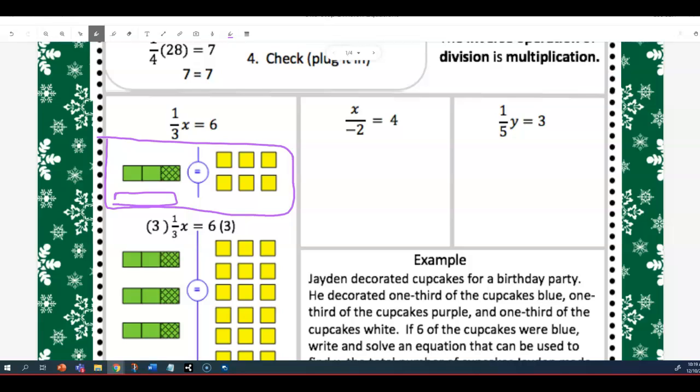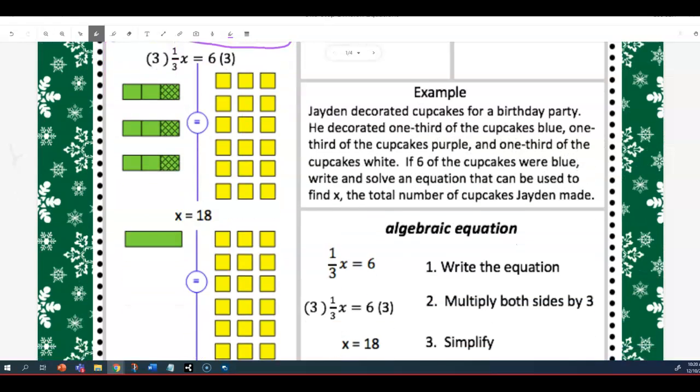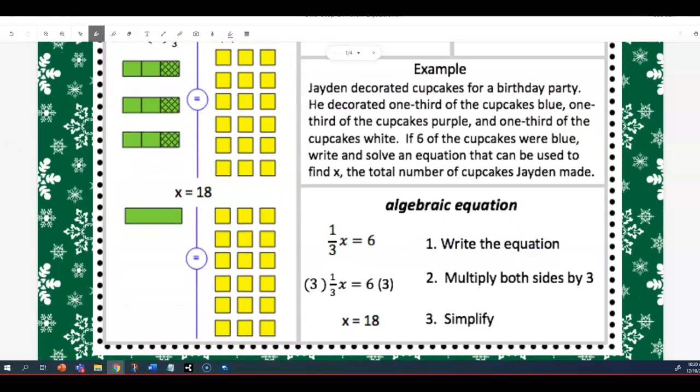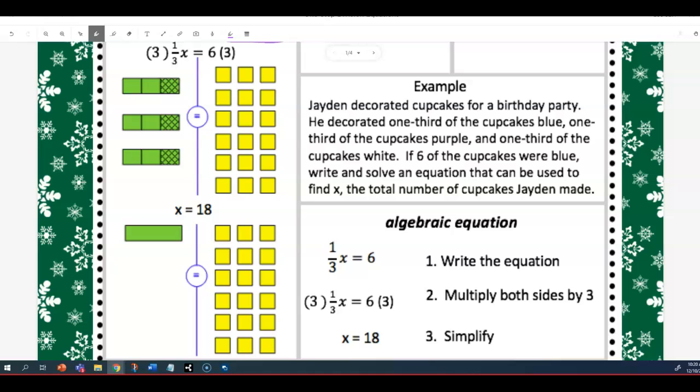So the fraction it's telling me is 1/3. To undo this and make it whole again, I have to multiply both sides by 3, and that will give me 1 whole bar, and it's going to equal 18. I don't like the models here for this. I think it can be confusing because the actual work itself is pretty easy.